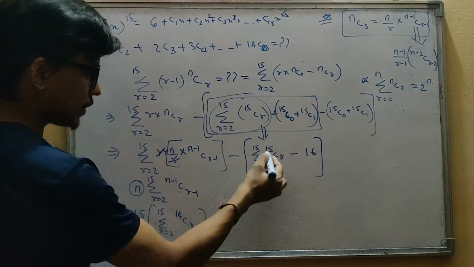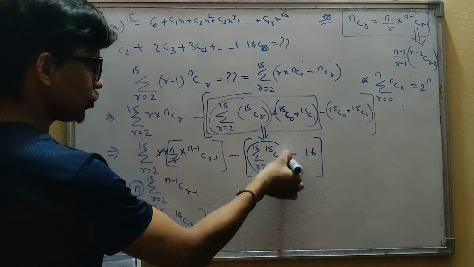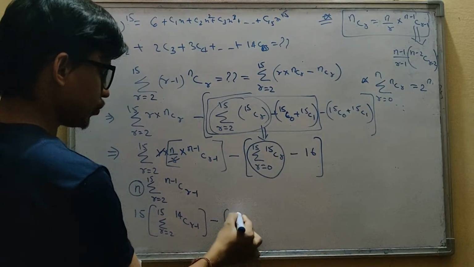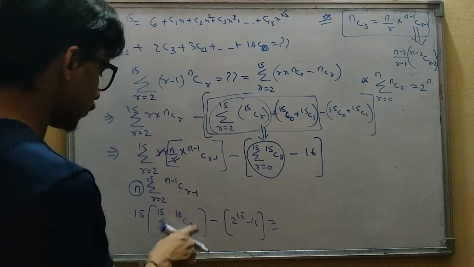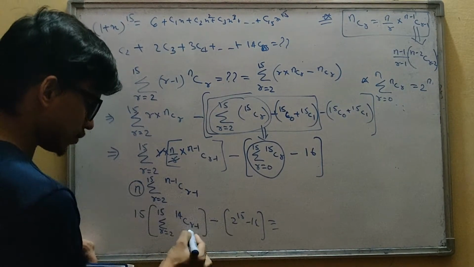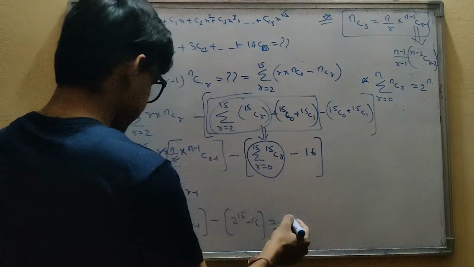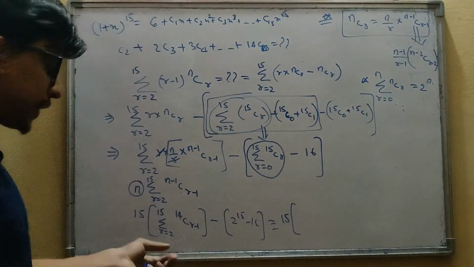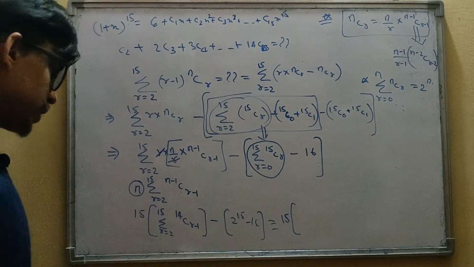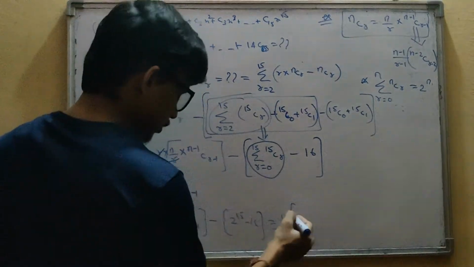So now this is going to be 2 to the power 15, so minus 2 to the power 15 and minus 60. Now again, for this term only, this can be written like this: 15 multiplied with... you can write it directly, but just for the simplification purpose, I am expanding it. So this is how it will be.